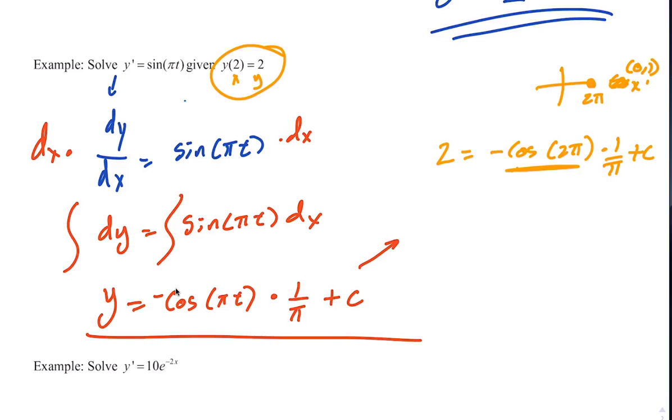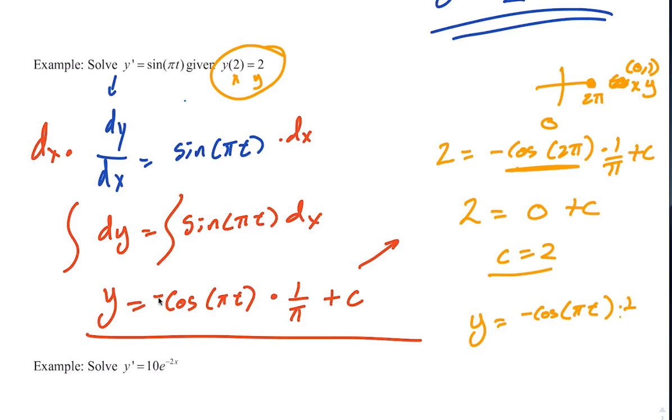Right, cosine is x, sine is y. So this is just 0. So 2 equals 0, 0 times 1 over pi equals 0, plus c. So c equals 2. Sub it back in, and plus 2. And that's my solution.